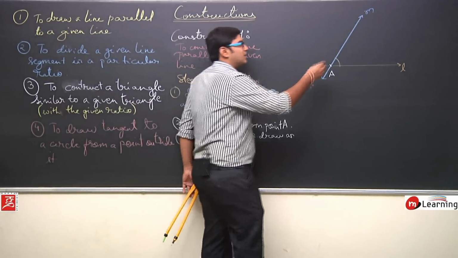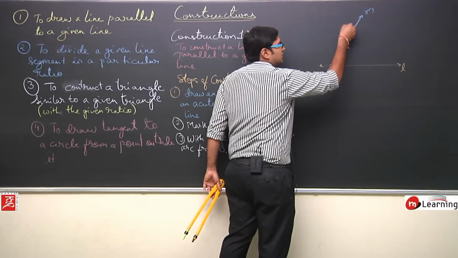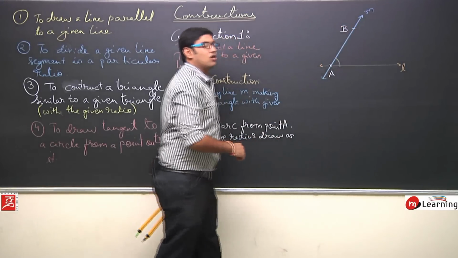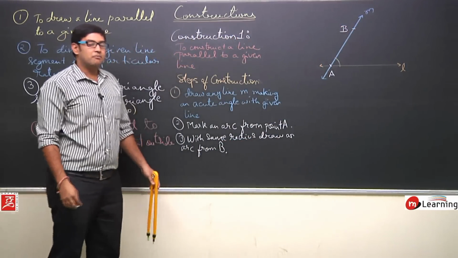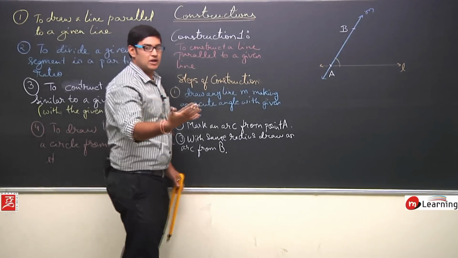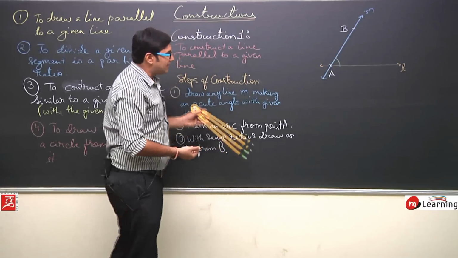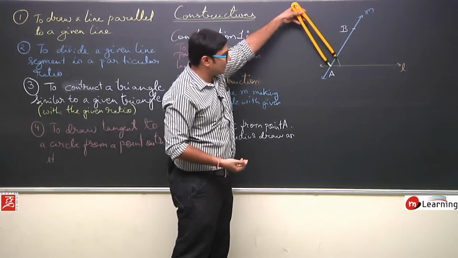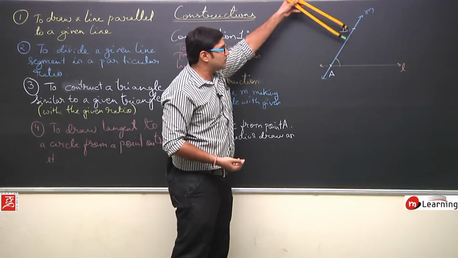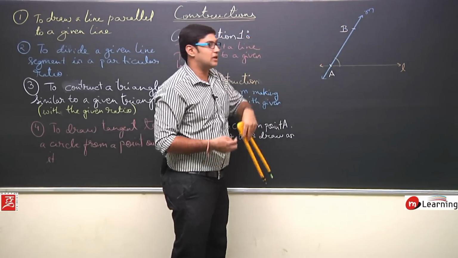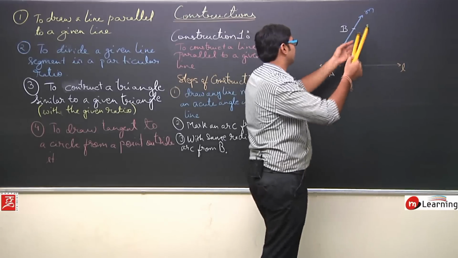B is a randomly chosen point on line M. Okay. And with the same radius, the radius of this arc, I need to mark an arc from this point B. So how will I mark the arc?